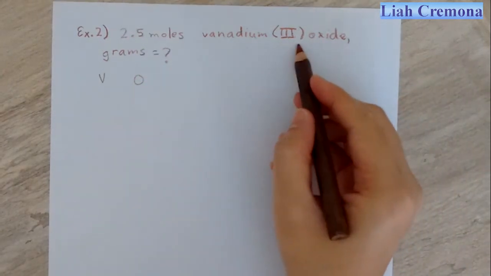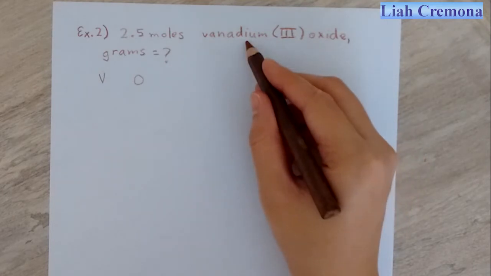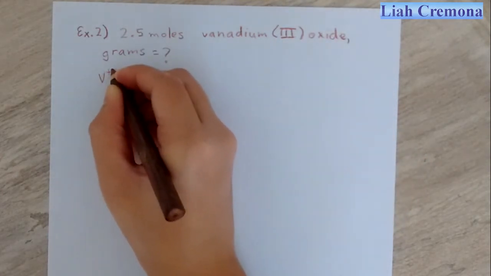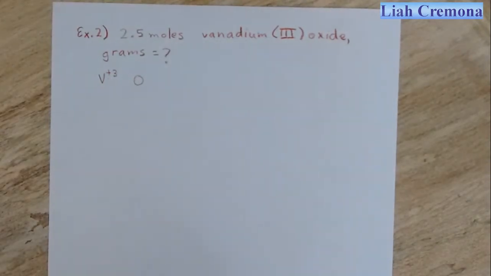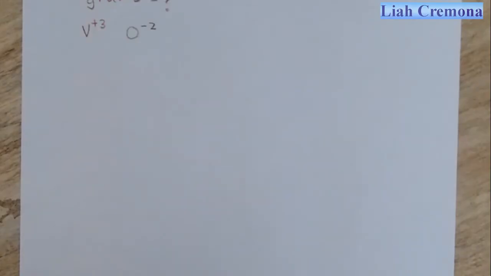Now, from here, we know that the Roman numeral is telling us that vanadium in this example has a positive 3 charge. And we know from the periodic table that oxygen has an ionic charge of -2. We need the compound's charge in total to equal 0.